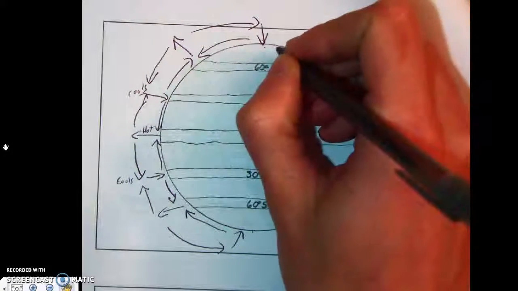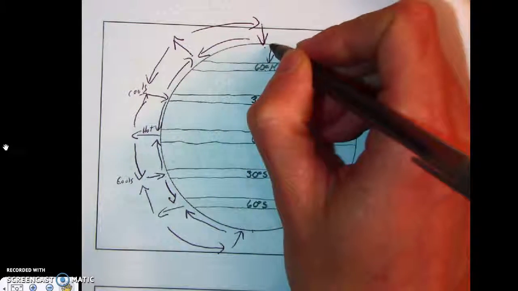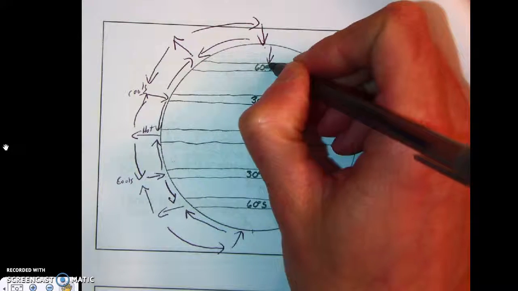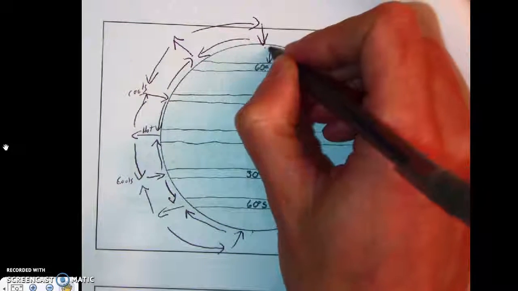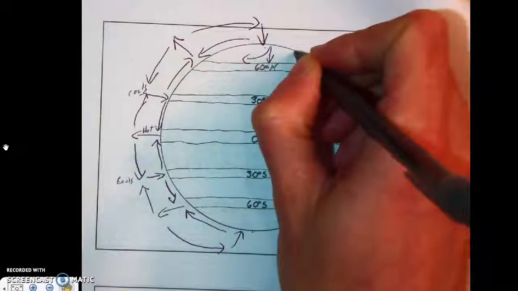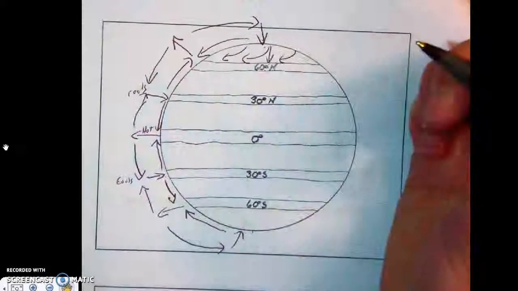well, let me draw it this way. If the arrow is coming down, we've got our wind going from the pole to 60, and again, we're facing the 60, my right is going to be this way, and the wind is going to get deflected this way. So now our wind curves like that.